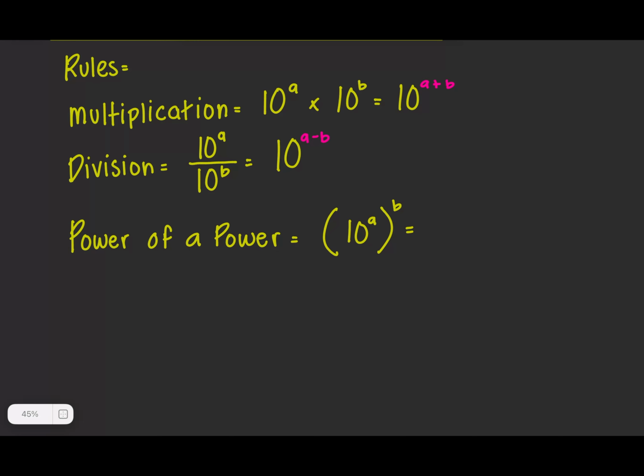So if you raise an exponent to another power, you multiply them. So this is the same as saying 10 raised to the power of A times B.